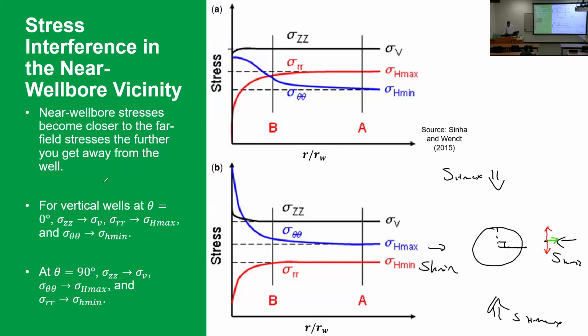Doesn't matter. It will be the other way around, but I'm just trying to make a nice picture. Axial stress into the plane of the screen. And look, the radial stress arrow is exactly parallel to SH mean, right? Yes. And the tangential stress arrow is exactly parallel to the SH max.